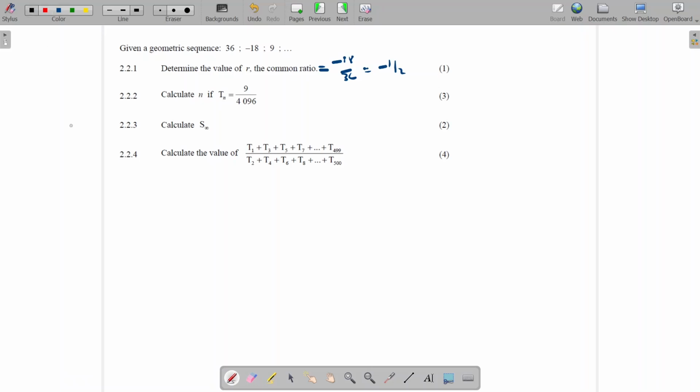Well, again, we know that Tn will equal a, so that's 36, times -1/2 to the power of n minus 1, and that equals 9 over 4096.